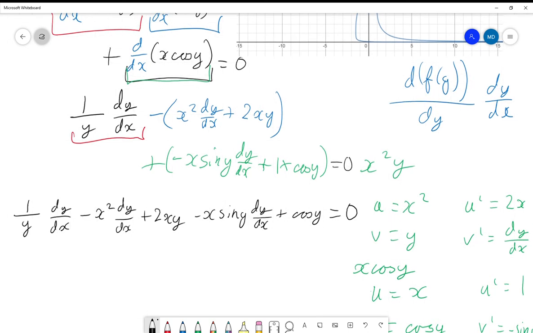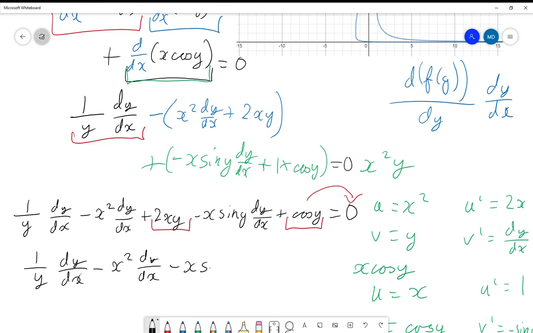We're going to move everything that isn't dy by dx, so these two things, over to the other side, and we're going to get 1 over y dy by dx minus x squared dy by dx minus x sine y dy by dx equals, and we've shifted these across, so we get minus 2xy minus cosine y.